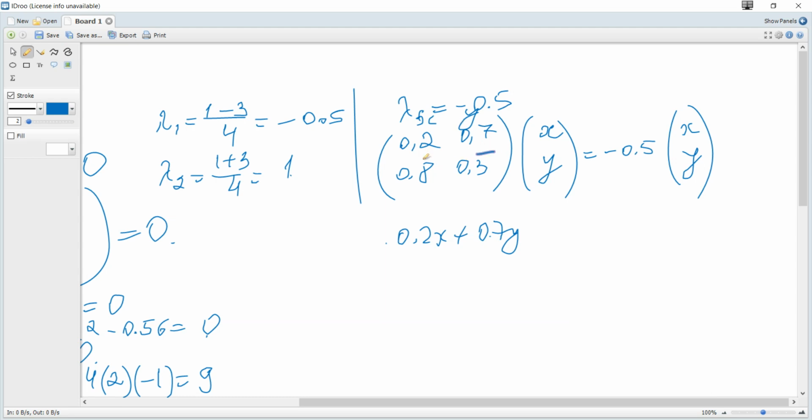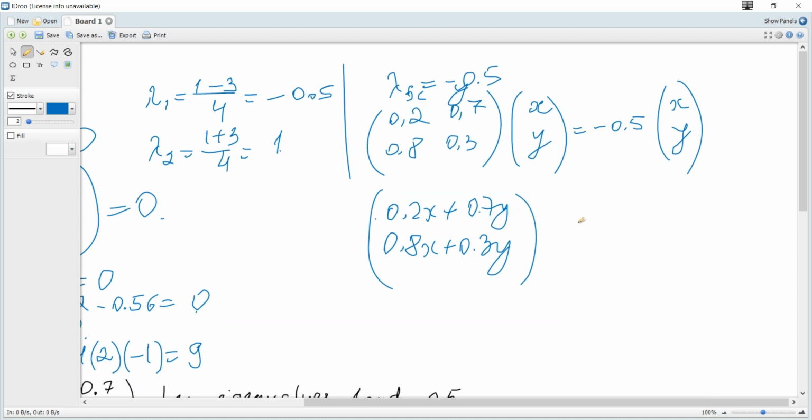Then we do the same with the second row, and it will be the second element, so it becomes 0.8x plus 0.3y. So you can see it's a 2 by 1 matrix. Each element is just the sum of two terms, but it doesn't matter. It is equal to negative 0.5x, negative 0.5y.